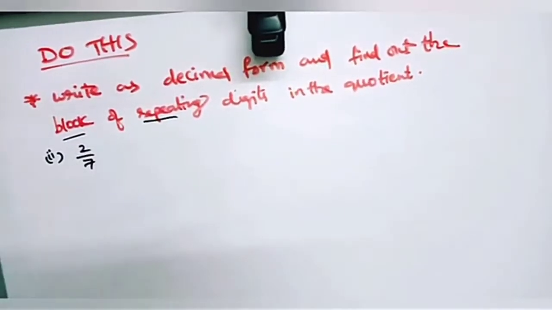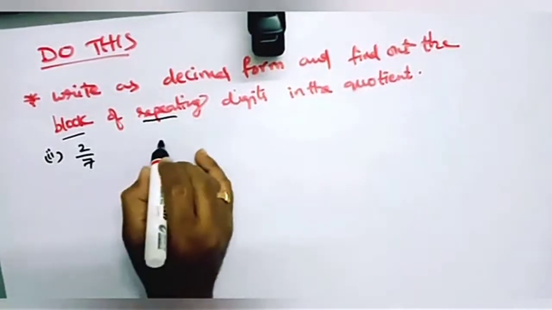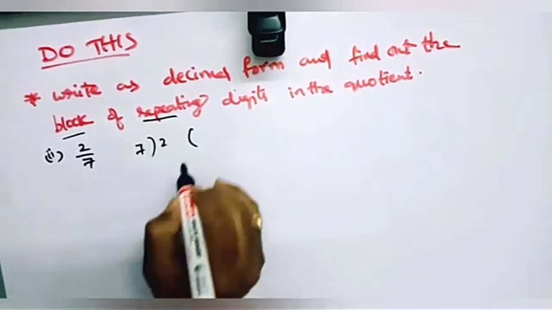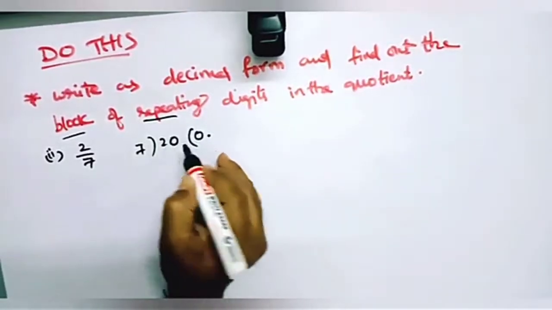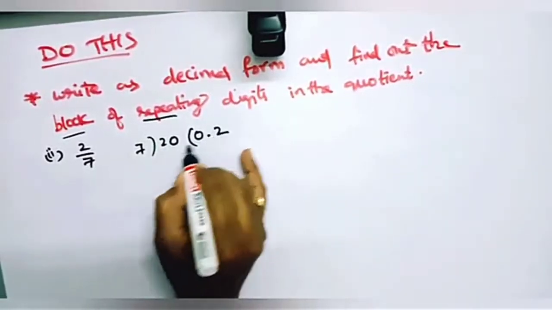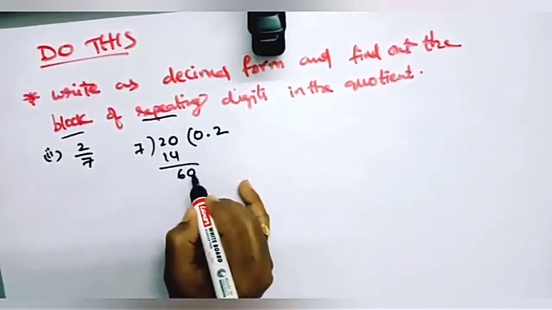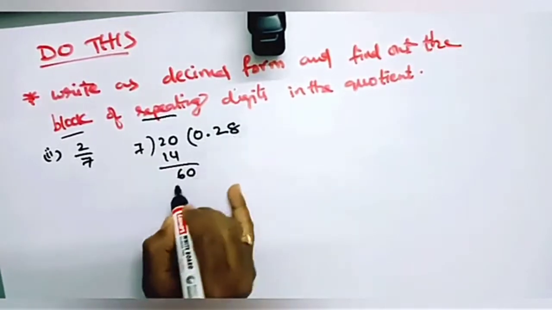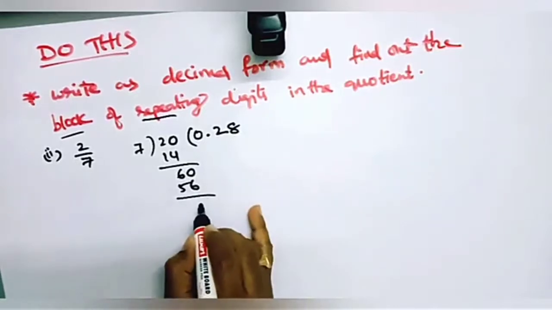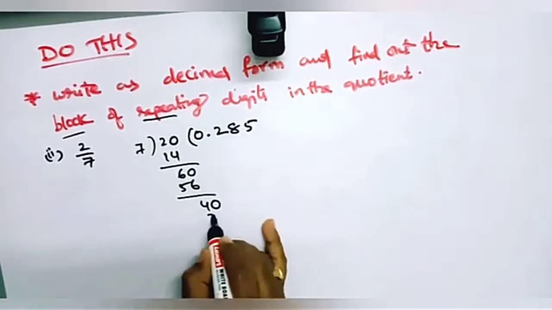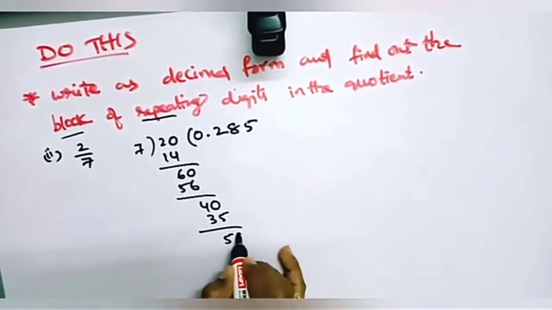Next one is 2 by 7. So I'm dividing 2 by 7. You won't get 2 in the 7 table, so you should take 0 point and 0. So 7 times 2 is 14, then the remainder will become 6. Then 7 times 8 is 56, then you will get 4, then 0. Next 7 times 5 is 35, then 5 you will get and 0.